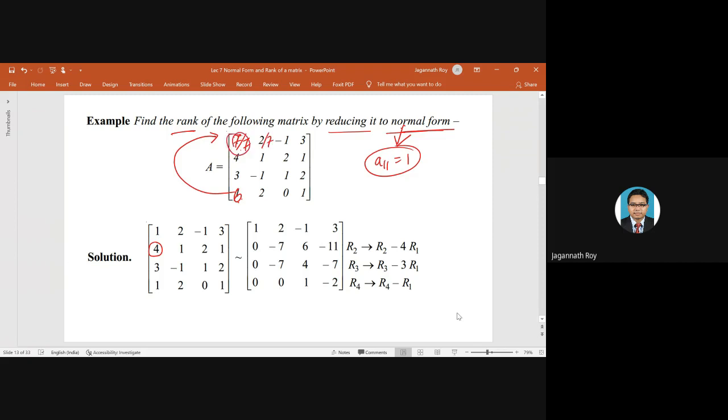First task is to make this 1. Since it is given as 1, we are happy with that. We can start. Now this is our pivot element. Then we want 0, 0, and 0 here, so we'll do the row operations. If we get 1 here, then we are lucky. If we are not lucky, then we have to make this 1. Sometimes we have to fix our luck.